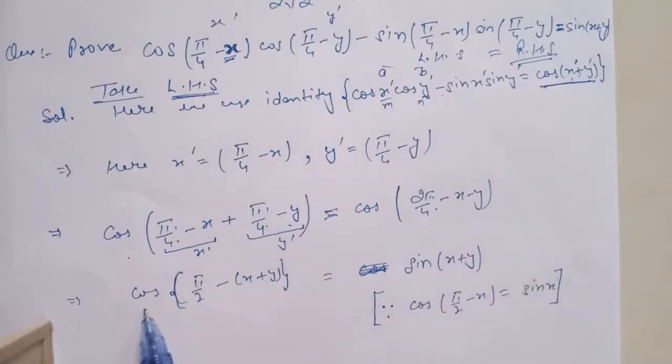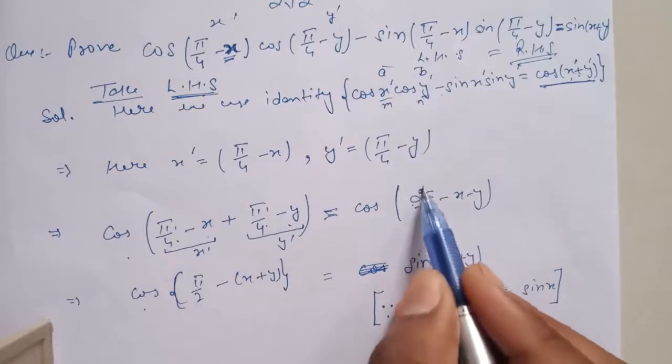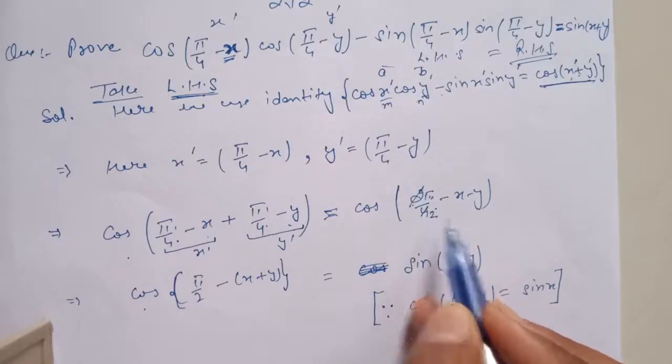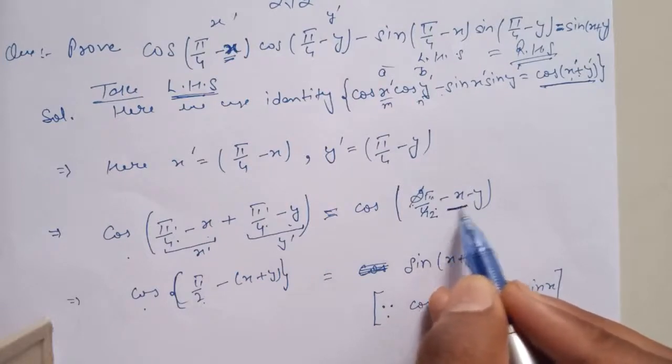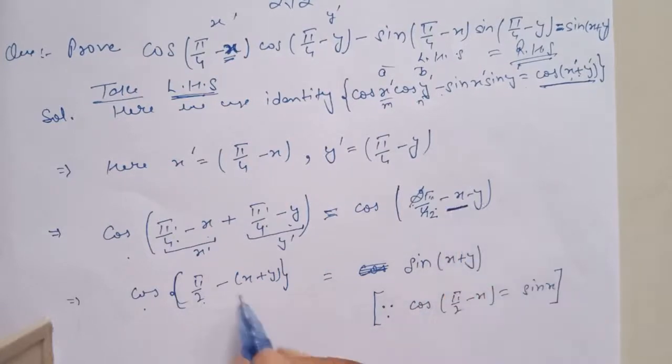This implies cos of 2 pi by 4, which becomes pi by 2, and by taking minus common from minus x and minus y, we will get x plus y in the bracket.